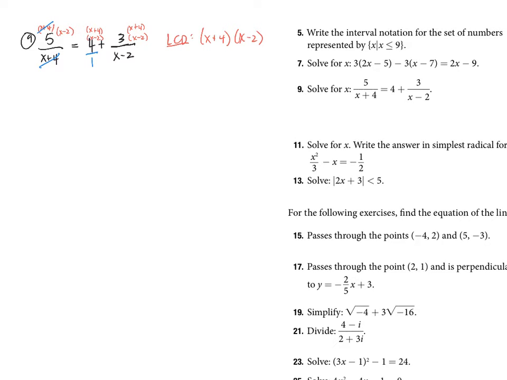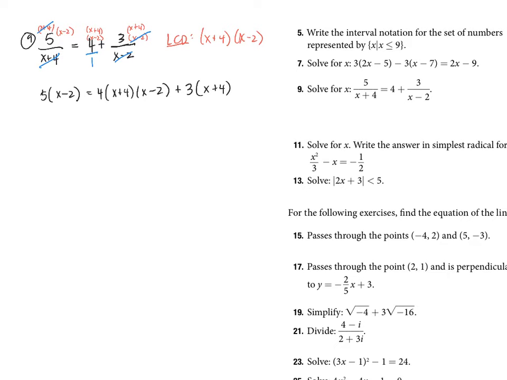And from that fraction, you are left with a 5 and the x minus 2. So you're going to have 5 times x minus 2 left from that one. From the second fraction, you have a 1, so that's not going to cancel with anything. So you're going to end up with 4 times x plus 4 times x minus 2. And then from the third fraction, the x minus 2's cancel out. And so from that fraction, you're going to be left with a plus 3 times x plus 4.